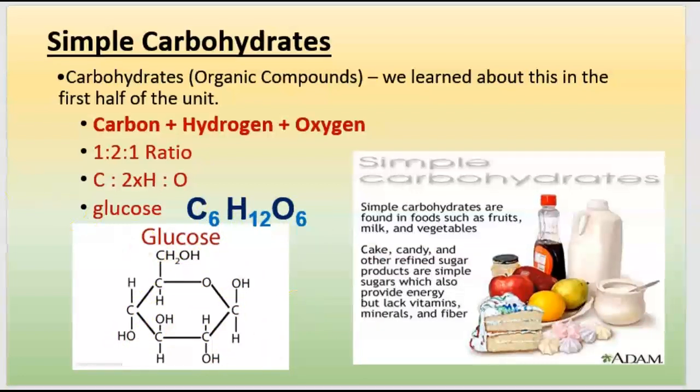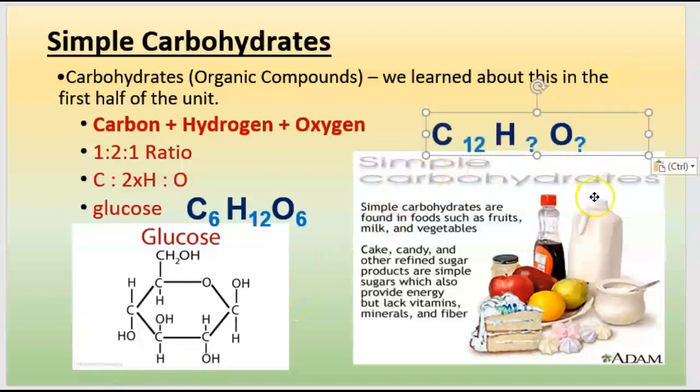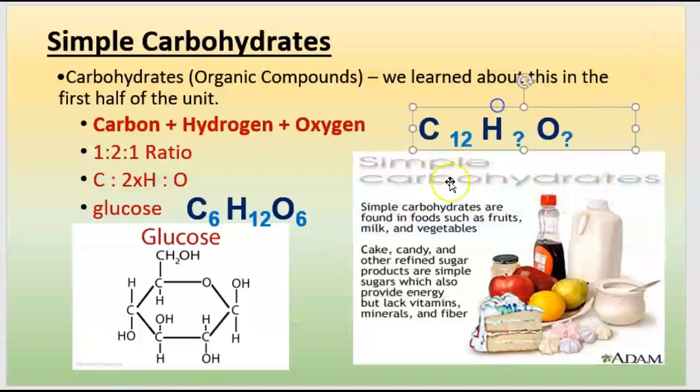All right, so every time a carbohydrate is formed, it has to follow the 1 to 2 to 1 ratio. So what if I said we're going to make a carbohydrate that has 12 carbons in the ring? How many hydrogens and oxygens would there be if there were 12 carbons? These molecules can get quite large because they have to be multiples of 6, right? You can't have half of a glucose.